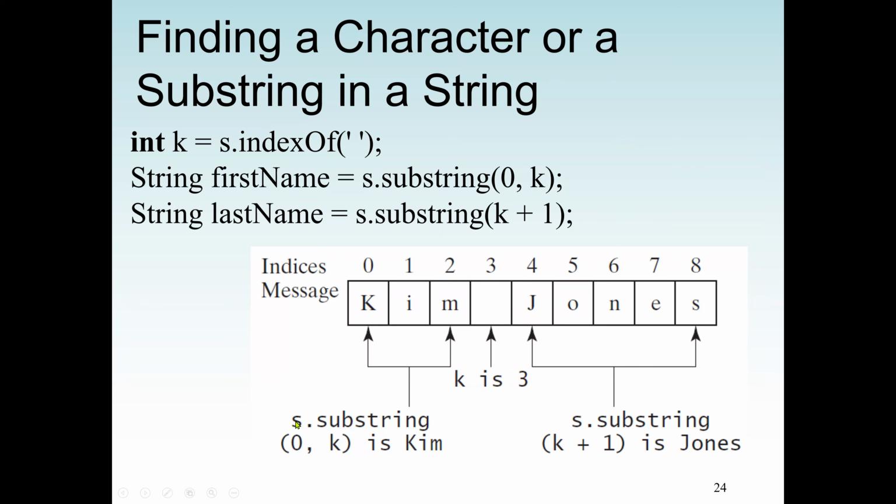If I use s.substring, we start from 0, but we're going to end at the space, which we are looking for. So s.substring(0, k) will give me Kim.